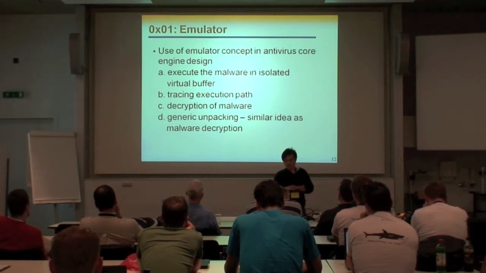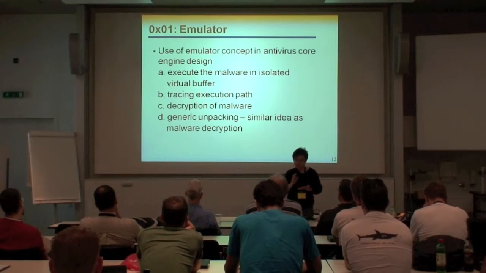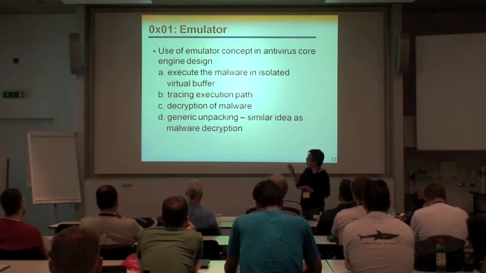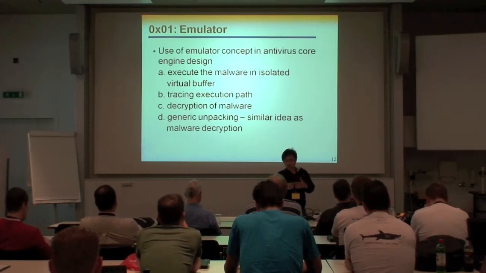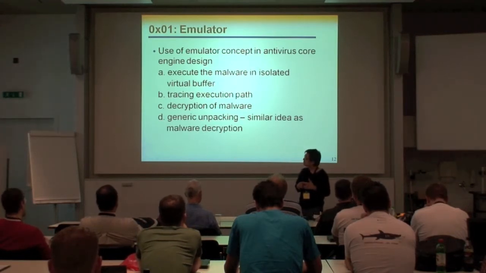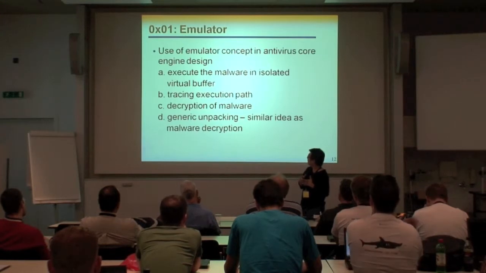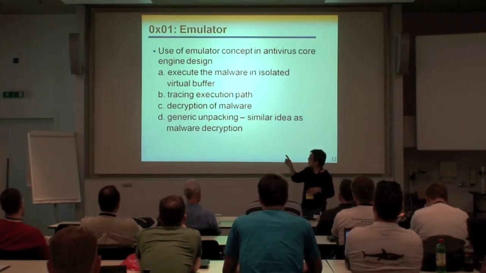This is different compared with static disassembly, which cannot follow all branches of instructions. The third is decryption of malware. This virtual buffer acts like a generic decryptor for metamorphic and polymorphic viruses. And the last is acting like a generic unpacker, and this idea is quite similar to the third one.